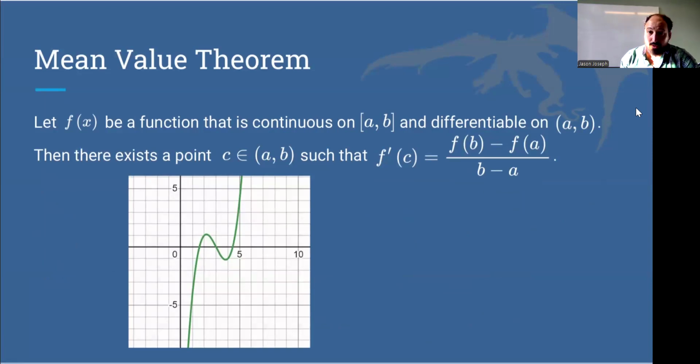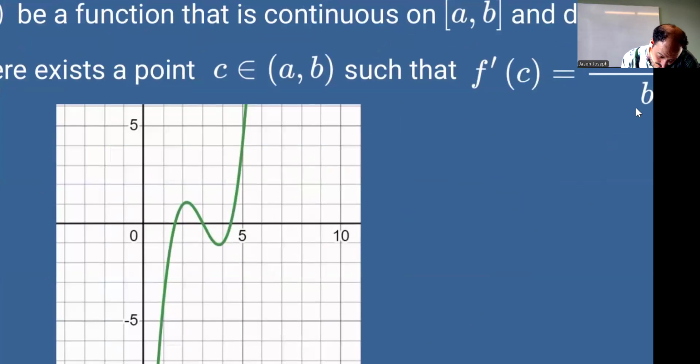So this is just a graph, and it appears to be a cubic polynomial. It looks like it's differentiable everywhere. So let's just see what does this jargon actually mean on a particular actual interval.